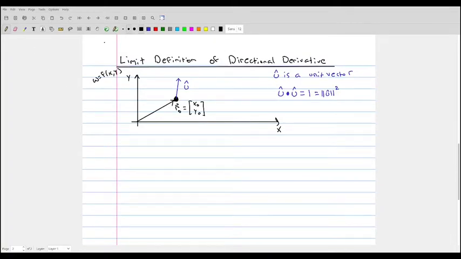So the idea here is the following. We have some function f of x, y, which maybe has a very high value over here and a very low value over here. And then as you move from, say, this point right here, you'll approach the lower value of the function.